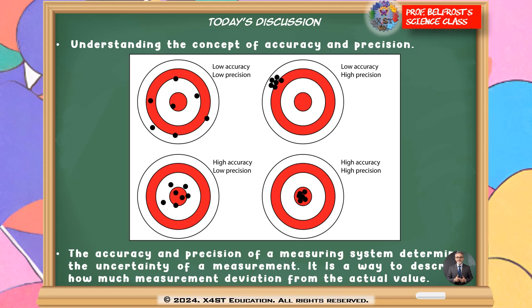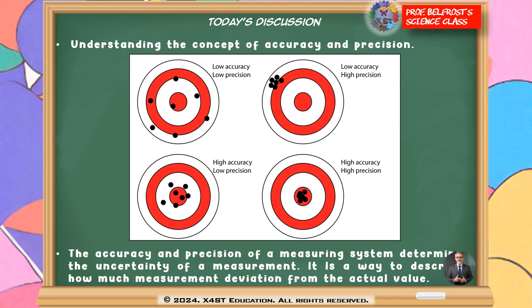It has high accuracy because all of them are near the exact result that we want, and they are not very dispersed. They have high precision, or they are repeatable. The measurement result is repeatable. So accuracy and precision of a measuring system determine the uncertainty of a measurement.